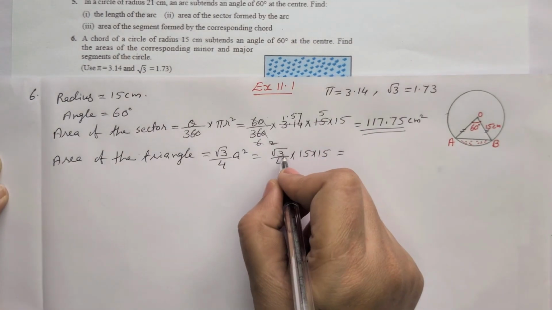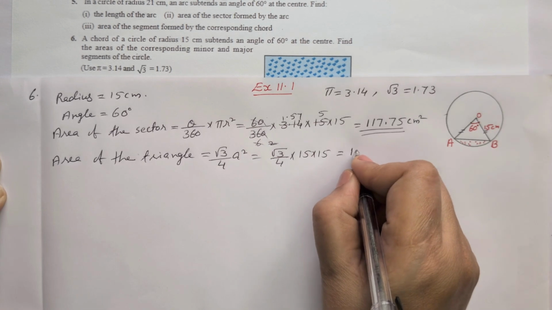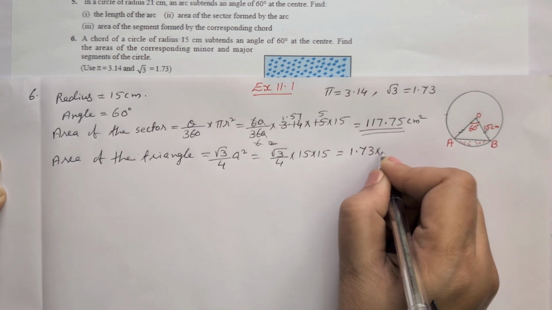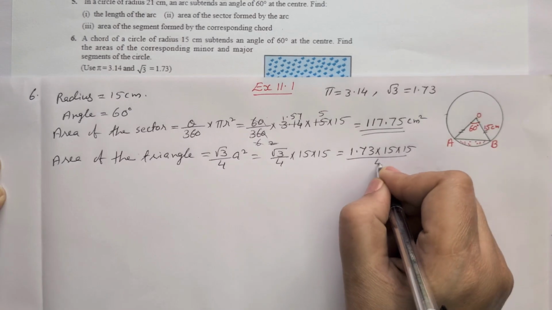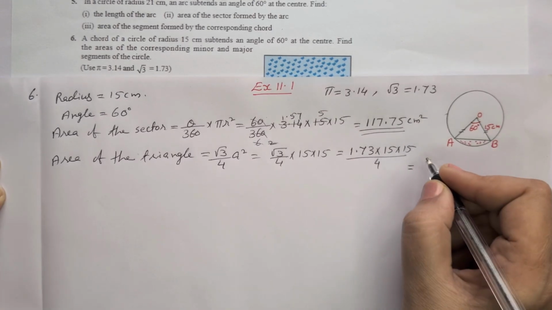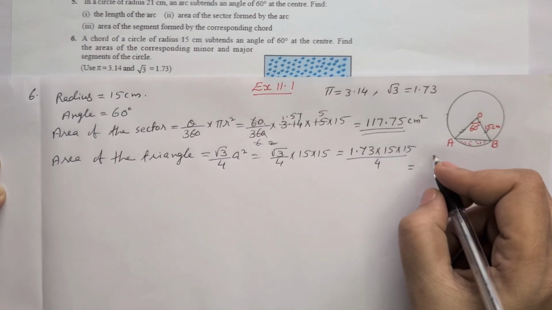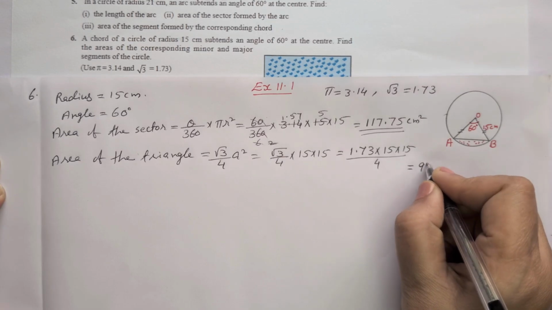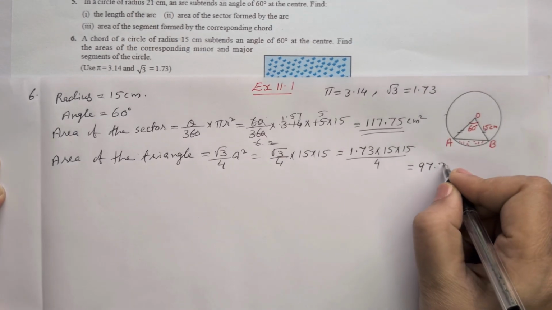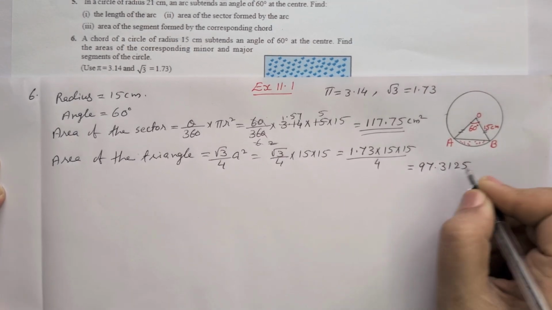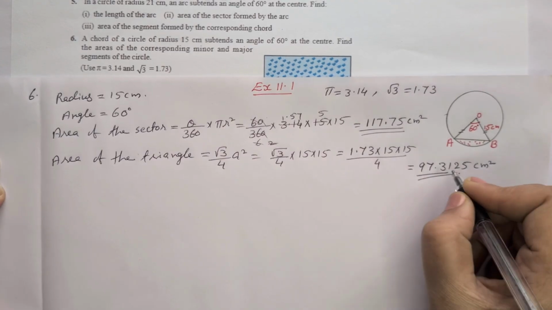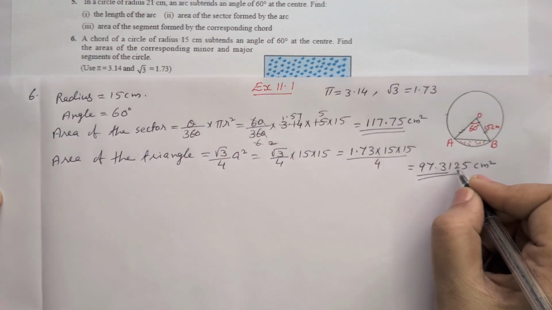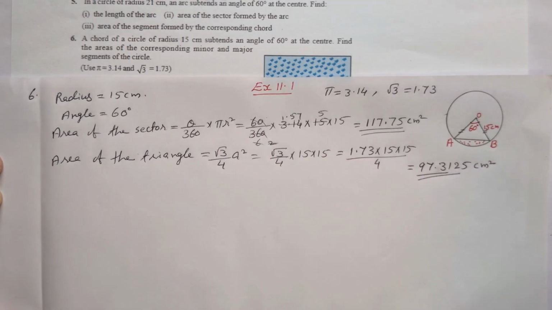We have to put the value for the root 3 also. 1.73 into 15 into 15 by 4, which is equal to 97.3125 centimeter square. This we can round for two decimal places.